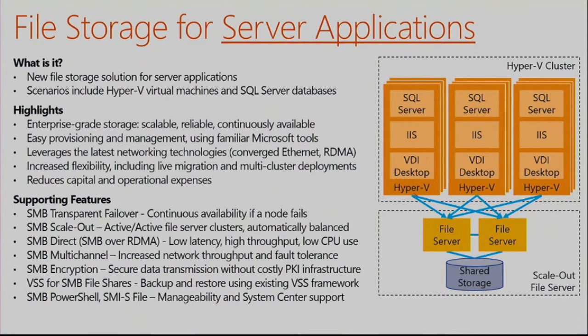So we had to put inside SMB a whole bunch of things, starting with transparent failover, which is this ability to move between machines or to have a machine fail on you and you just transition that automatically, or to have something like SMB multi-channel, which is the ability to have multiple paths between your compute side and your storage side, and not only you actually survive the failure of a network path, but when both paths are active, you can get twice the bandwidth without any teaming, without any multiple session configuration.